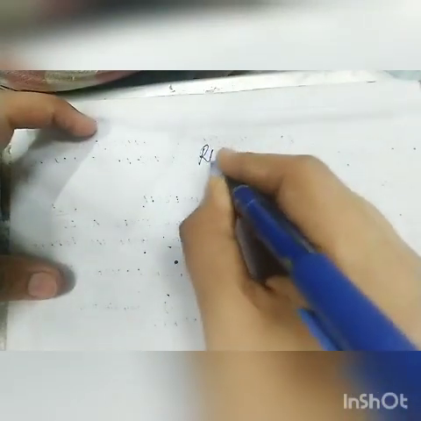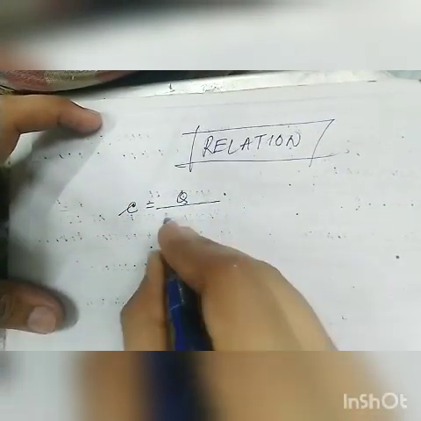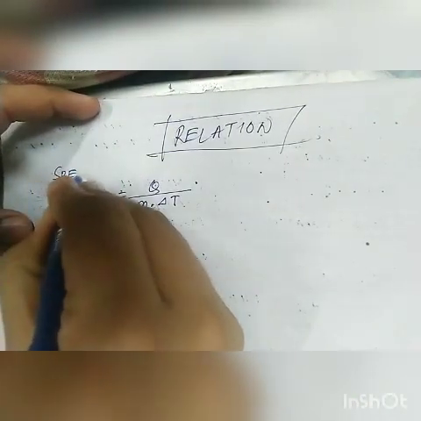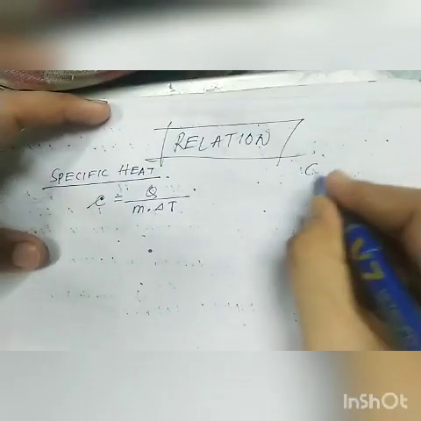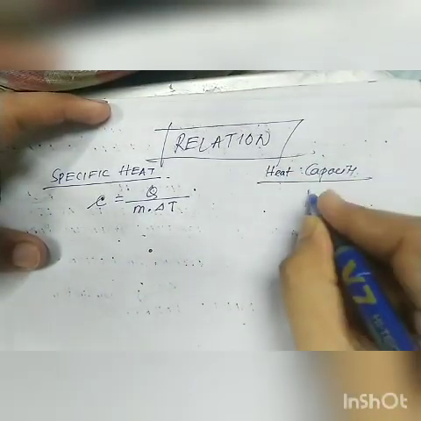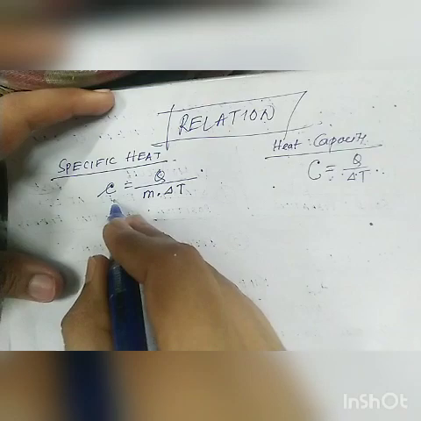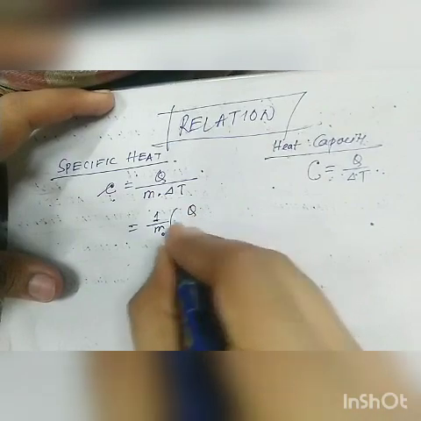How can I relate the heat capacity and specific heat capacity? The relation in between. Clear? Now specific heat capacity, the small c, is Q by m into delta T. Specific heat capacity, I'm repeating again, and this is just heat capacity, that is capital C, Q by delta T. Now the specific heat c equals Q by m delta T. Can I write this as 1 by m into Q by delta T?